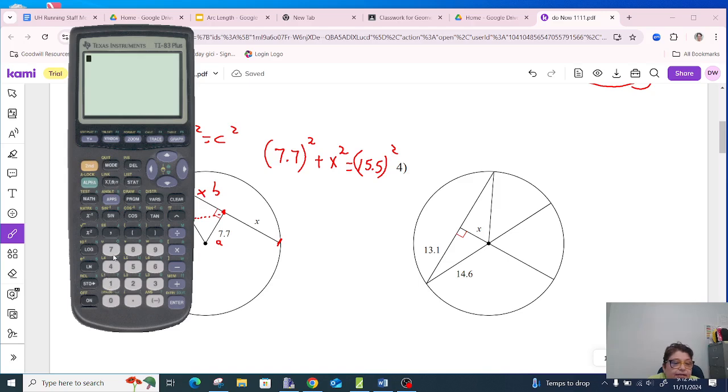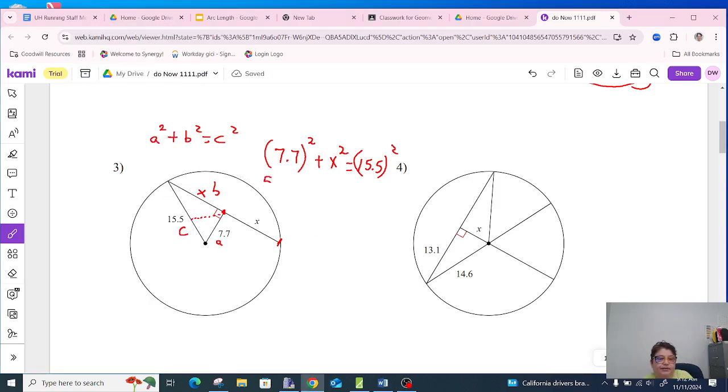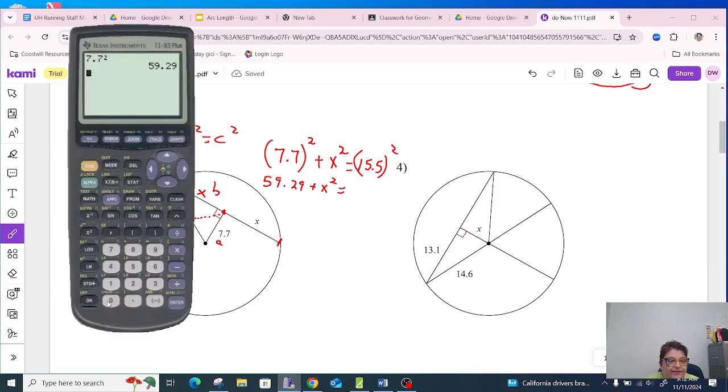So if I use a calculator here, I know that 7.7 squared, or just multiply by itself, either way, is 59.29. And now I have to do the 15.5 and square it.